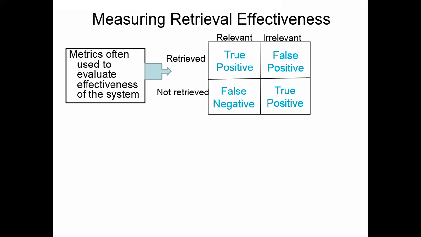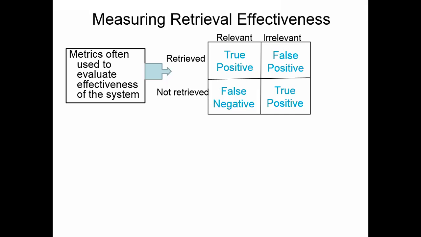So when we are measuring retrieval effectiveness using the relevance judgment, at the end of the day, information retrieval systems, even search engines nowadays, are retrieving four things.